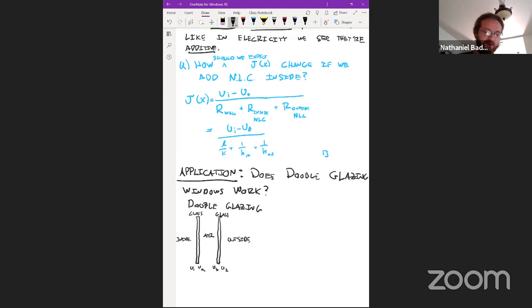And the idea is, we just calculate the heat flow. Heat flow J equals U1 minus U2 divided by R, where R is the total resistance.